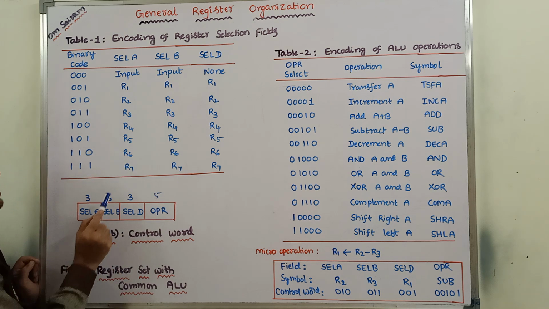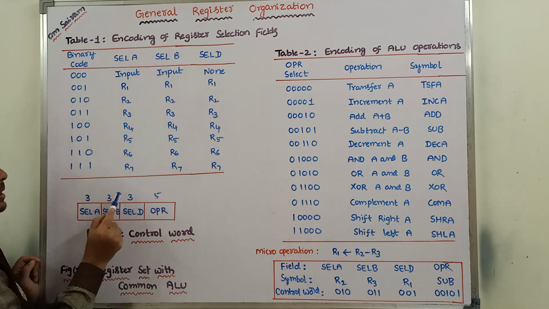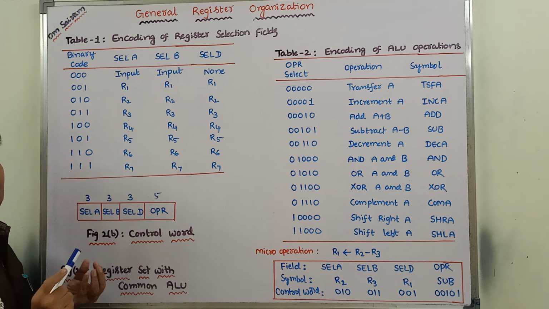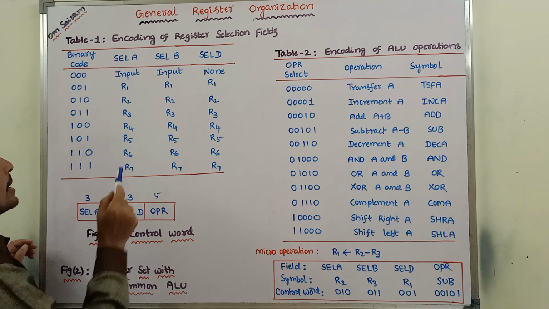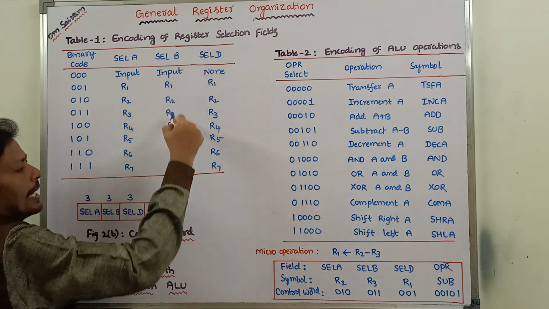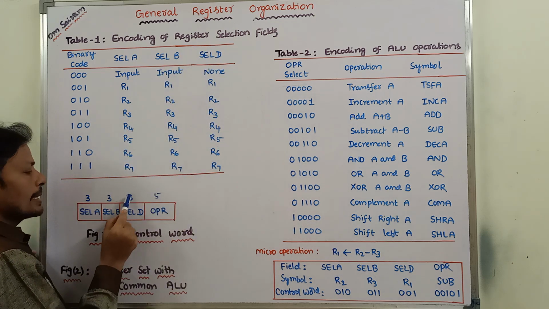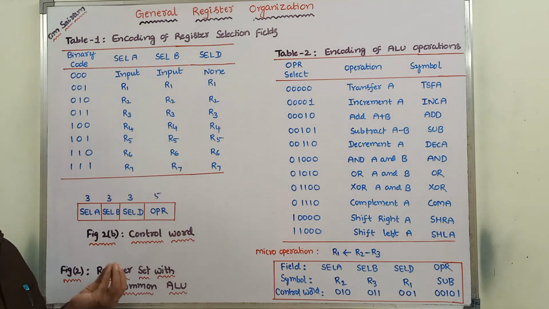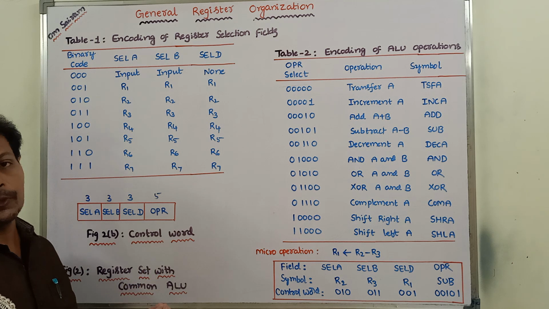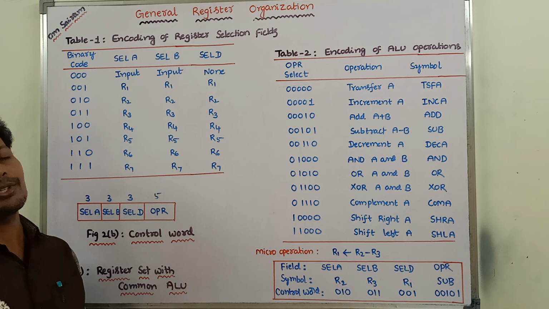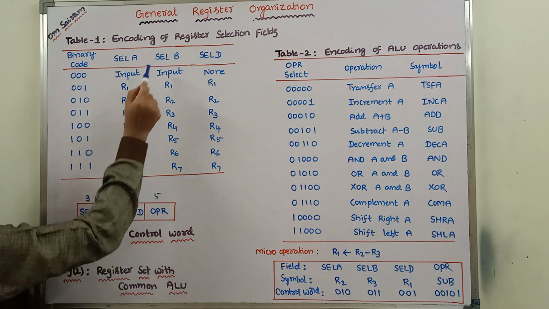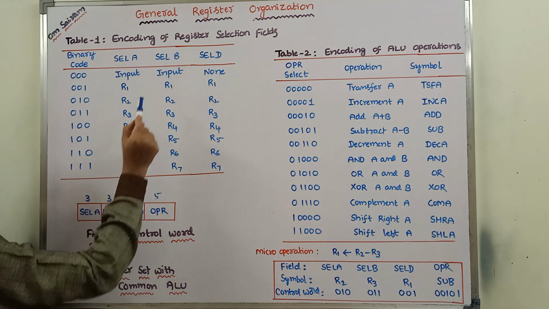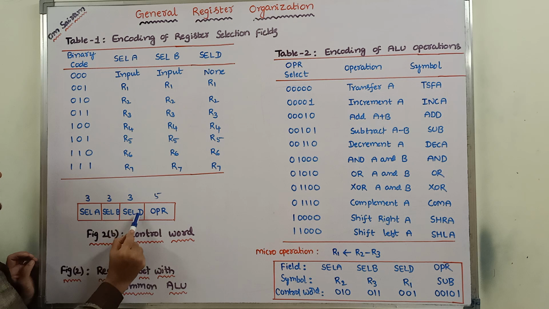The next column is SEL B; 3 bits of SEL B are used for selecting only one register. The next column represents SEL D; these 3 bits of SEL D are used for selecting the destination register. So SEL A contains 3 bits, SEL B contains 3 bits, SEL D contains 3 bits.